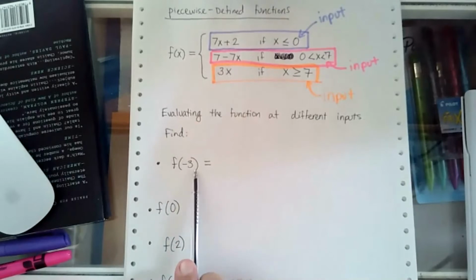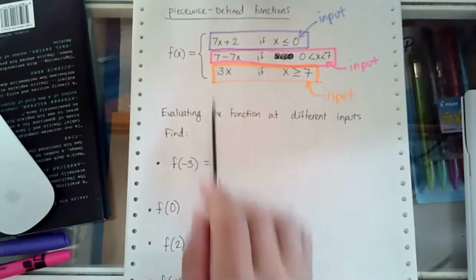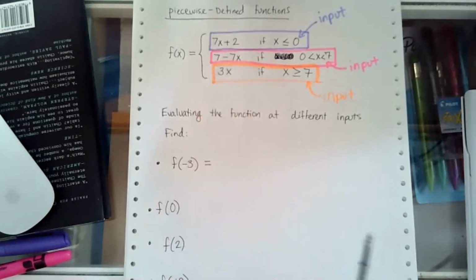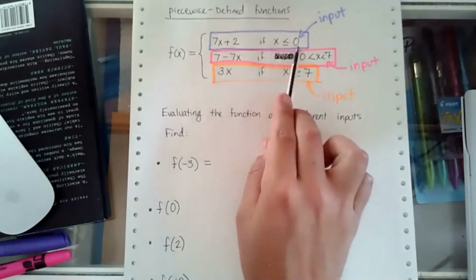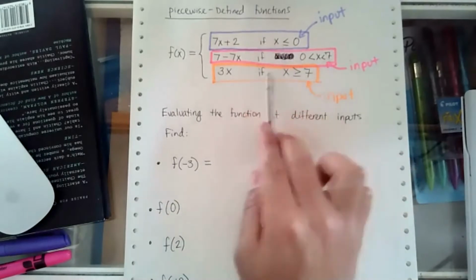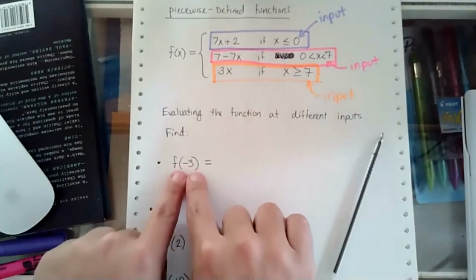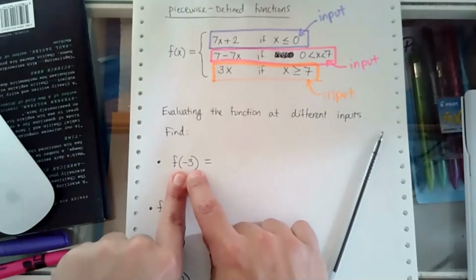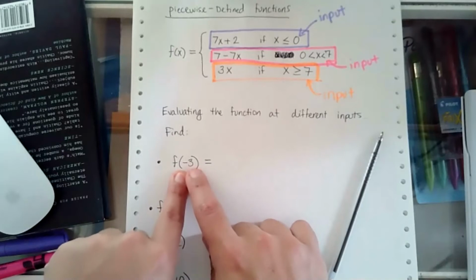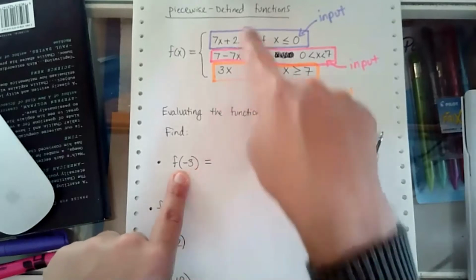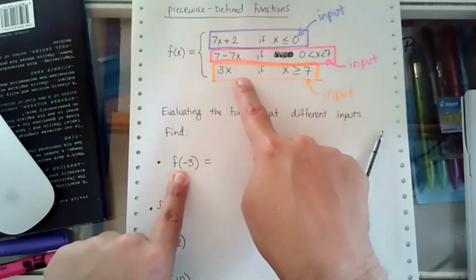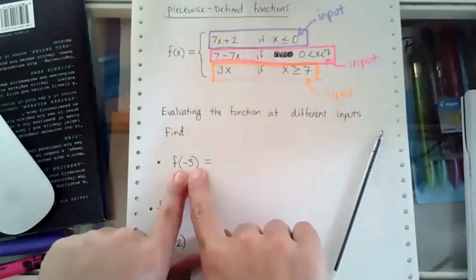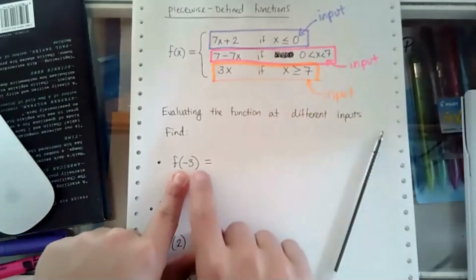So a lot of times what I'll notice each semester is that students will just plug it into every equation and then try to guess what the answer is. But you have to pay really close attention to what the rule here for the input is. So if we think about this like this is a particular coin that we're dropping in the jukebox, and the type of coin is going to allow us to play one of 3 songs. Okay. Based on this input, what song are we allowed to play?